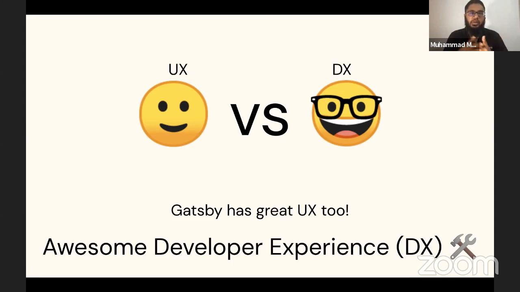Most developers would do that, because people who cannot see a screen will make out what the image is based on the alt attribute. So when you code a Gatsby site, it will actually remind you to put an alt attribute for your image. So it is helping the developer and giving them a good developer experience, and at the same time giving the user a great user experience, even for people who cannot see the screen.